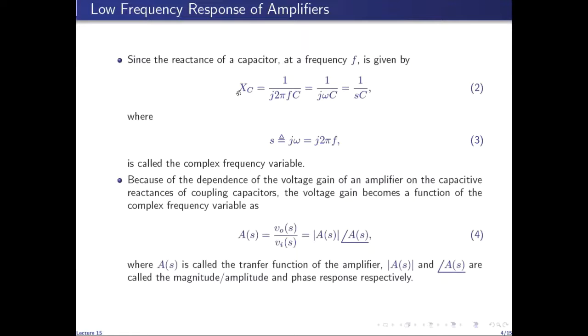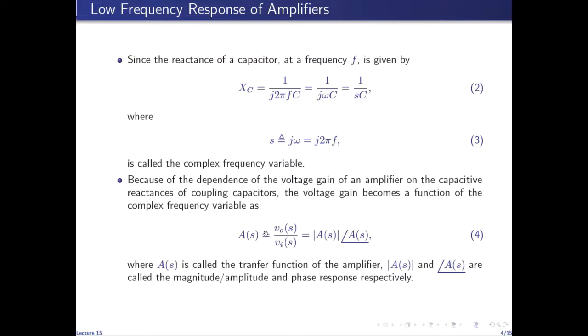So since the capacitive reactance is now a function of the complex variable s, the response of the circuit, which will inevitably depend on the capacitive reactance of the capacitors in the circuit at the low frequencies, will now be a function of s. So this response, for example here, the ratio of the output voltage to the input voltage, which is written as A, is now a function of the complex variable s, and is called the transfer function of the amplifier.